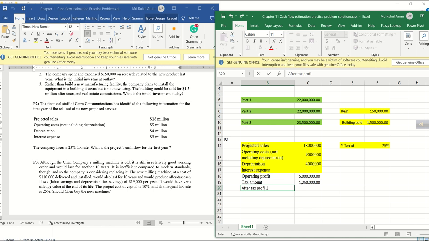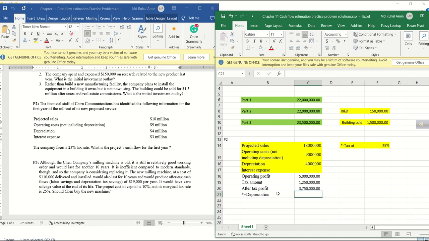After tax profit equals this minus this. Now as we said, depreciation we need to add back, so plus depreciation. This is our depreciation. Now net cash flow equals this plus this, 7.75 million. This is our net cash flow.